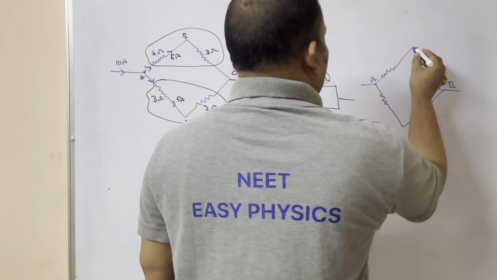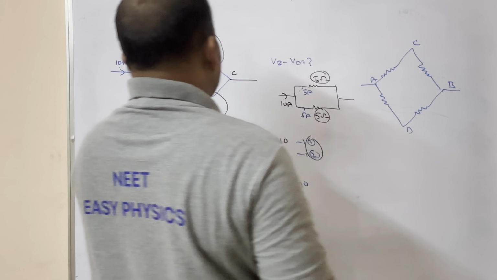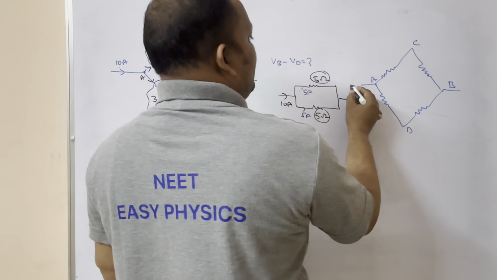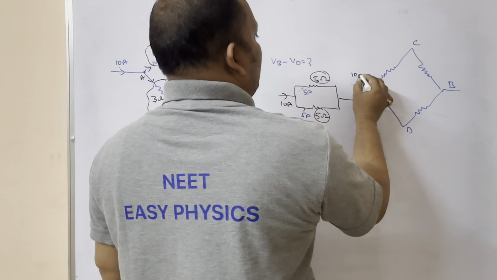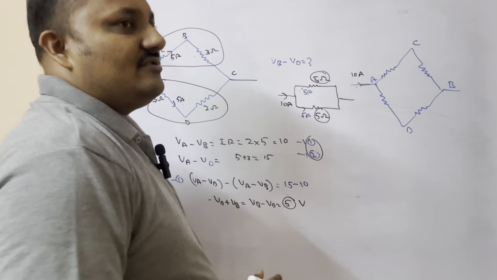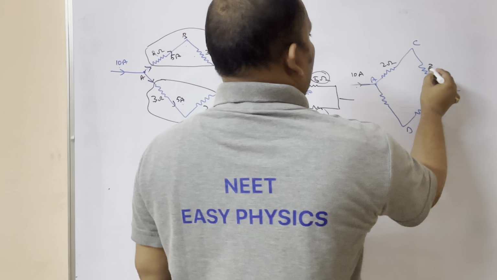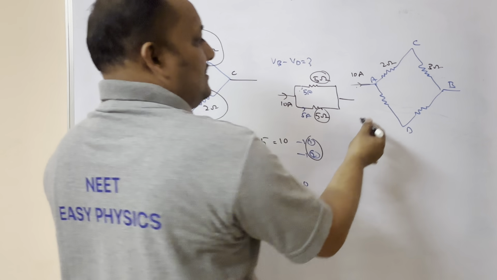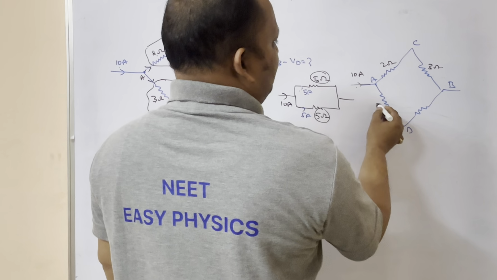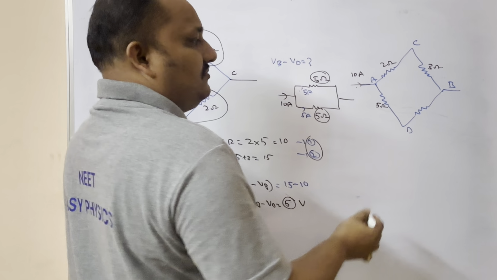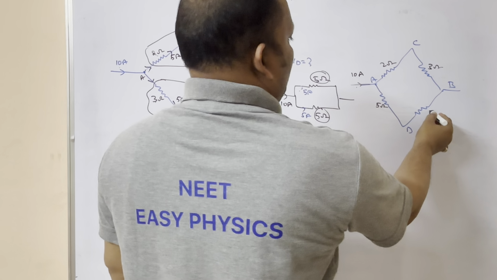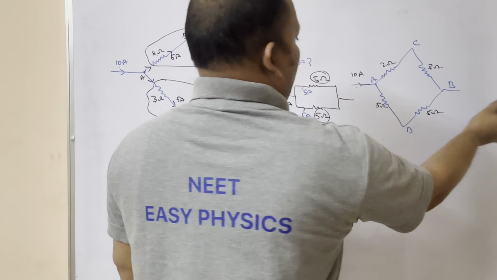A, B, C, D. So a small change is there for this one. The same 10 amperes current is going to be entering. So you can say some 2 ohms, 3 ohms. Here some 5 ohms, another one is 2 ohms or 5 ohms you can take.